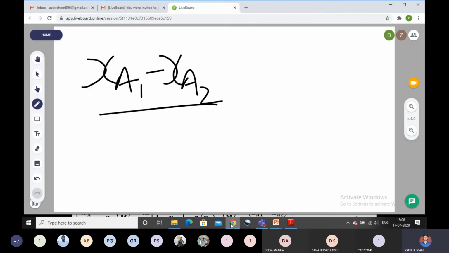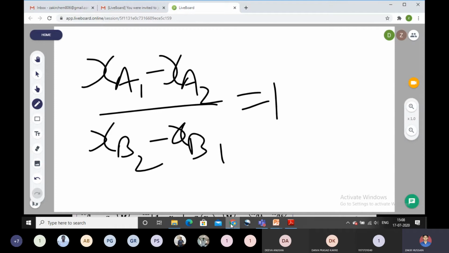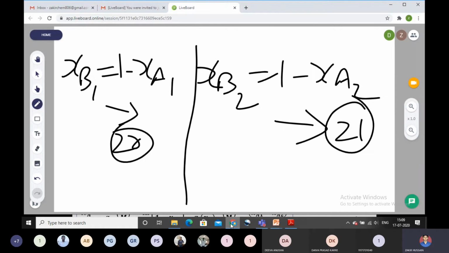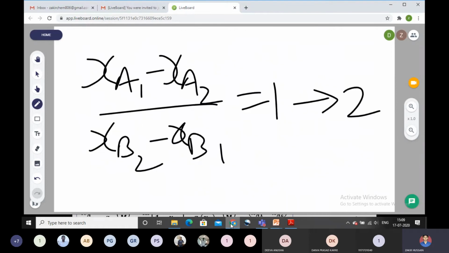So XB2 minus XB1 is equal to 1. So this is equation number 22. Until now we are having all the equations which are required.